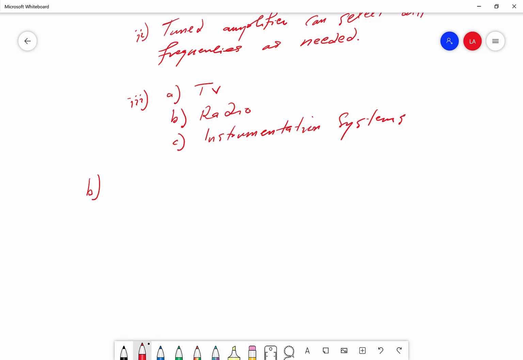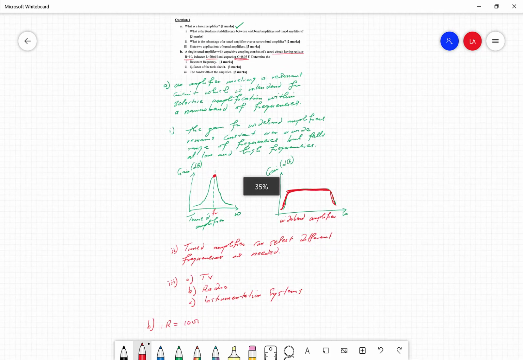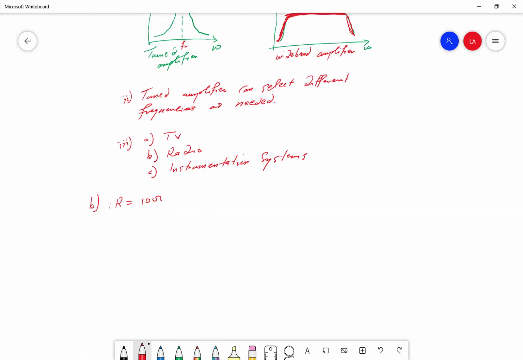So from that, the first thing we look out for, we'll see we have resistance R, which is 10 ohms. Always remember to add your symbol.